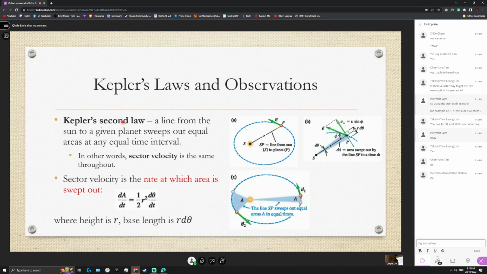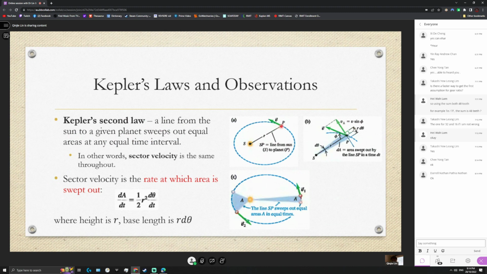Kepler's second law: a line from the sun to a given planet sweeps out equal areas at equal time intervals. That means, imagine you have this orbit here, the sun is here, and you're orbiting around the sun like this. So sometimes you'll be further, sometimes closer to the sun, right?